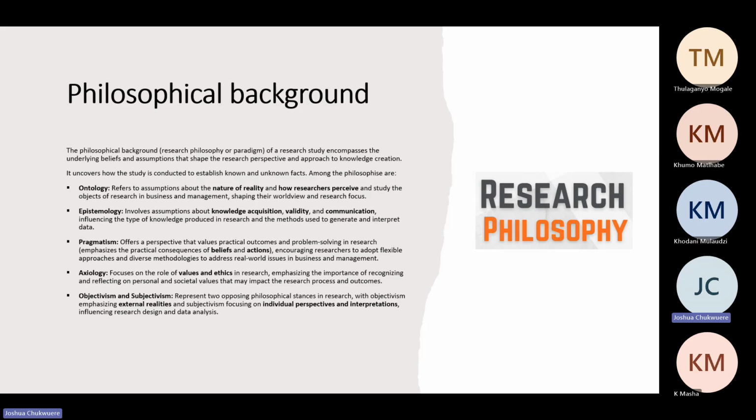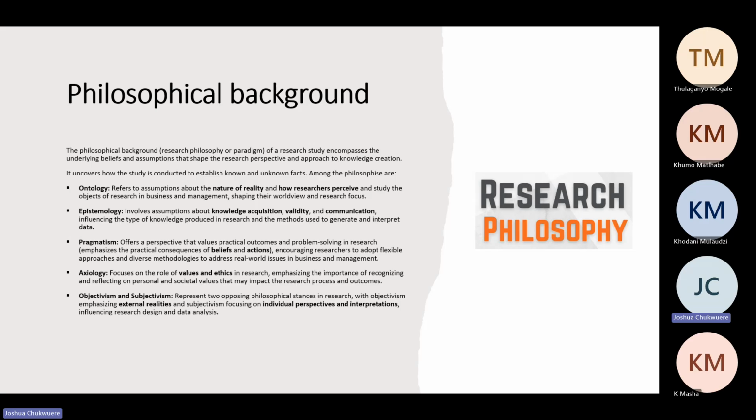So if your research is trying to establish the impact of natural phenomena around us, and how the things that happen around us influence individuals and their decisions, then we're talking about an ontological philosophy.